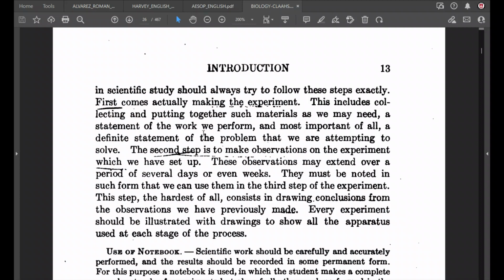So the second step of the experiment is to make observations. And then it talks about noting, recording these observations, whether it's in a notebook or, nowadays, more likely on a computer, on a blog, on a website, in a typed up report. We have to record our observations.